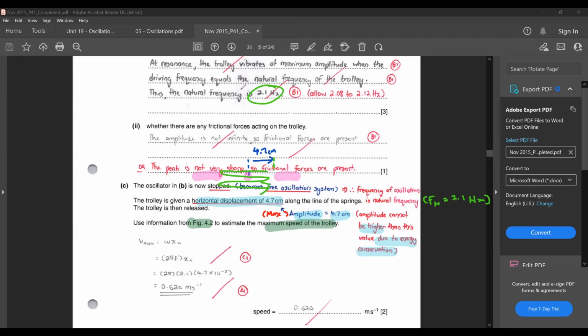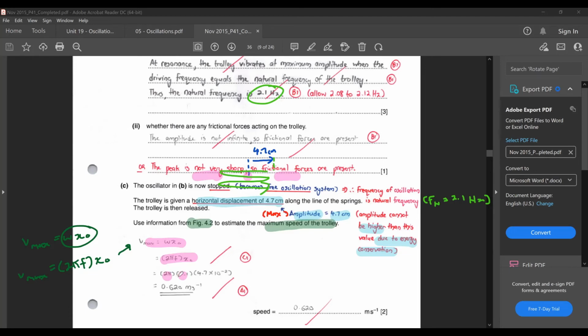You already learned from simple harmonic motion that Vmax is actually omega x naught, and omega in turn is 2 pi f. So it's 2 pi f x naught for Vmax. That's why you get the equation that you're seeing on the screen. So Vmax is omega x naught, 2 pi f x naught, so it's 2 pi and then multiply with f.